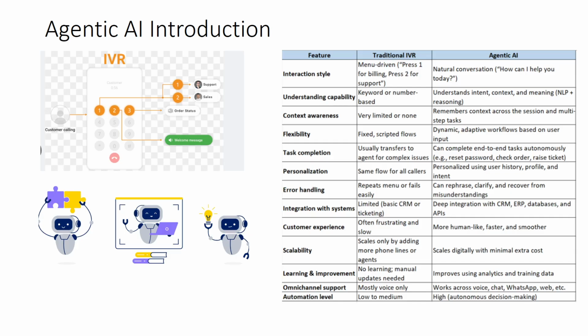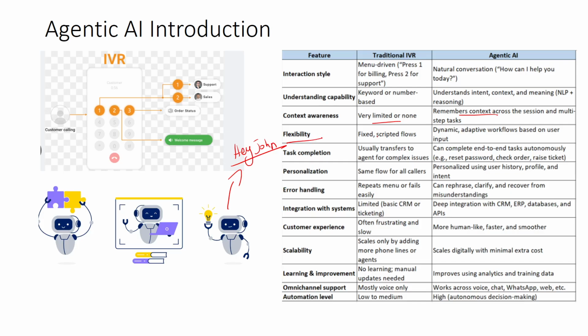Context awareness is very limited or none in IVR. Here, it remembers the context of the conversation. For example, if you say, "Hi, my name is John," when the agentic AI replies back, it says, "Hey John," right? So it gives more of a human touch. How to configure all these things, we will look into in the later stages.